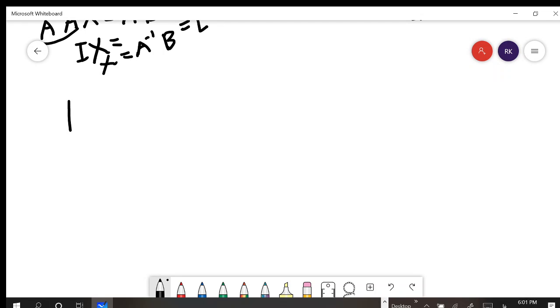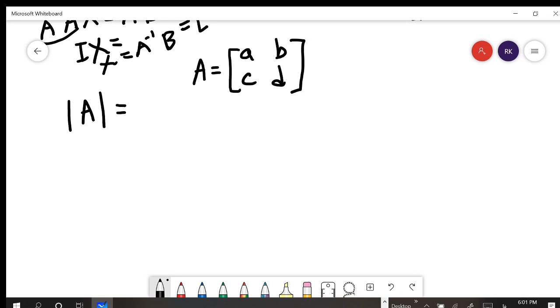Now, the determinant of a 2 by 2 matrix, let's say with entries A, B, C, D, is given by AD minus BC. That's defined this way.